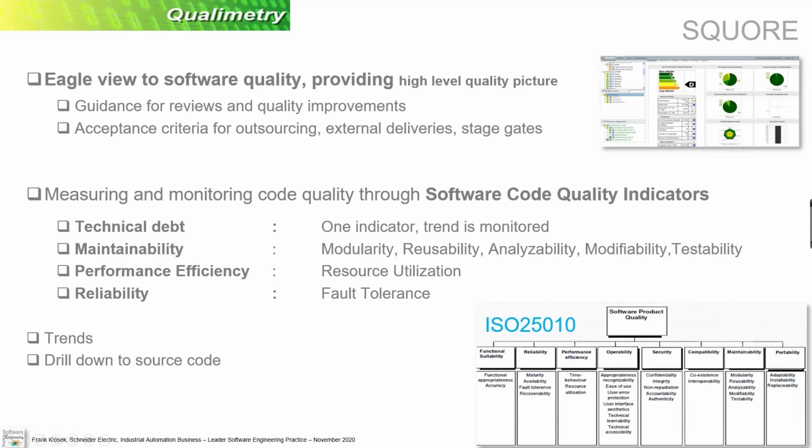Inside the measuring engine and the model, we are using so-called software code quality indicators. Very well known, hopefully, is technical debt, which reduces all quality deviations into one number, which makes it easy to just see where we are. But it's not the number that makes it interesting, it is the trend.